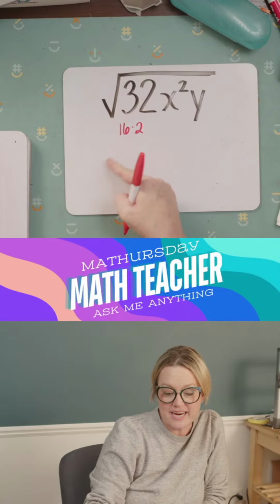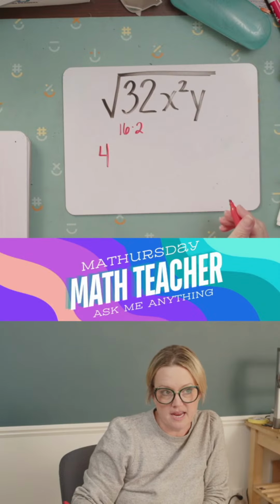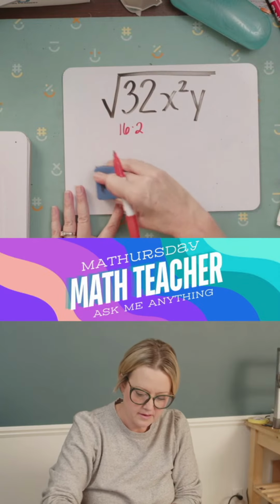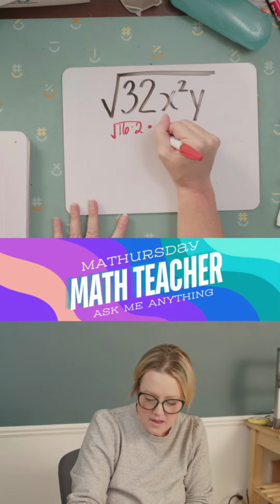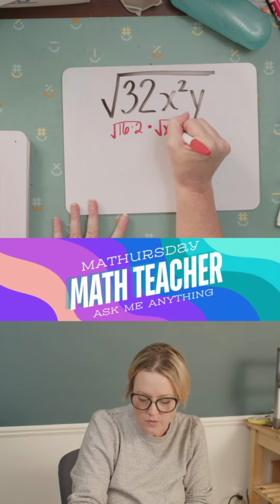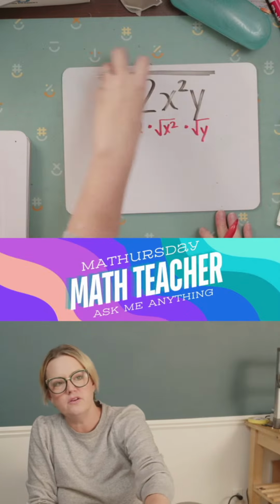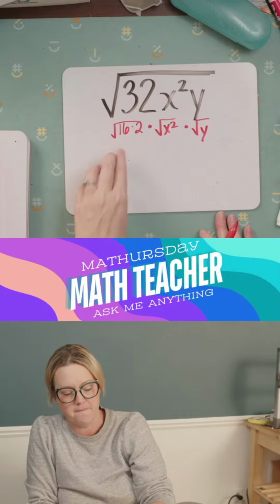That 16 can come out and it becomes 4. But that 2 is going to stay behind. Then I have the square root of x squared, and then I have the square root of y. So if they're all under the same radical sign, I can just split it up into these multiplication things, okay?